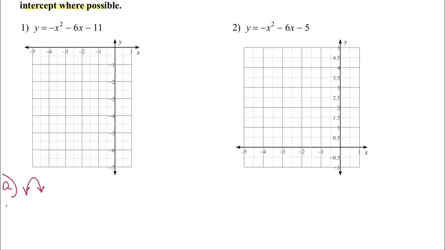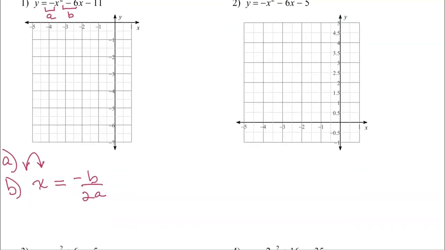So remember, the vertex you get first by getting x, and that's going to equal negative b over 2a. So remember, right there, that is your b. In front of your x squared term is your a.